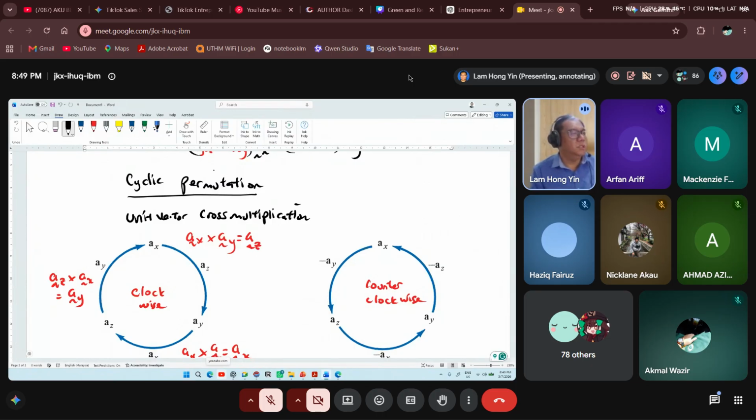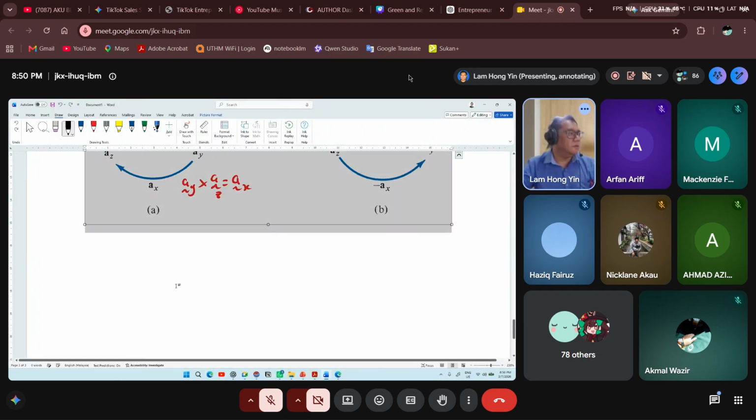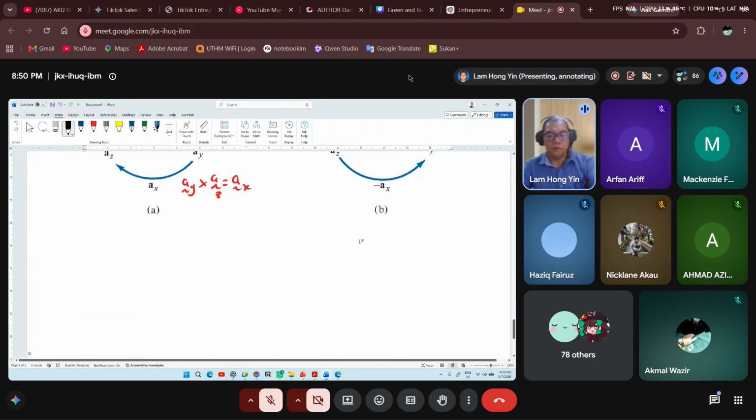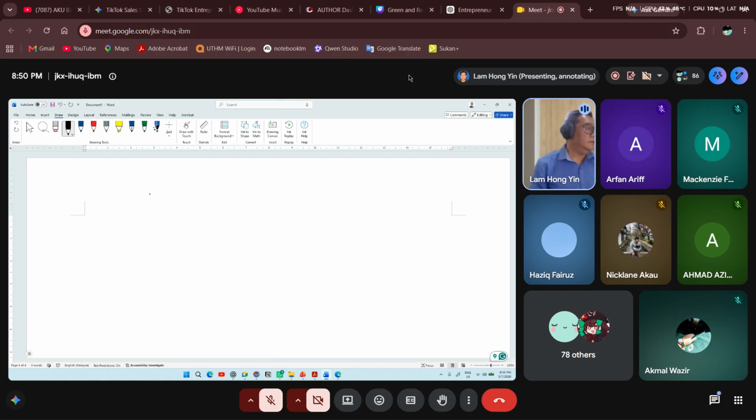Okay, so if there are no questions, we move to the electrostatic, the first part of the electrostatic. Electrostatic, right?